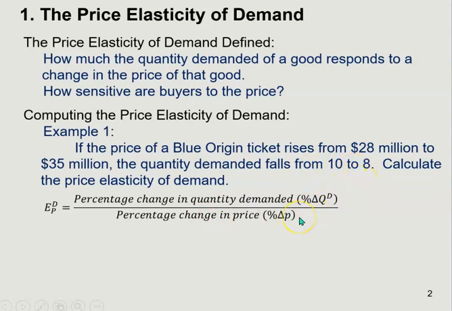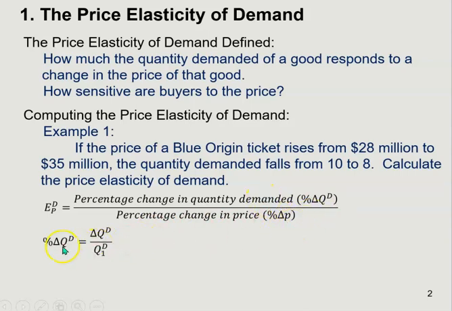But before that, I want to remind you of one more thing. Here, the change in price is the driver or the cause, and the change in quantity demanded is the effect or the consequence. Make sure you know what causes what. All right.